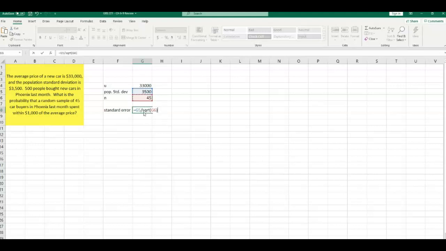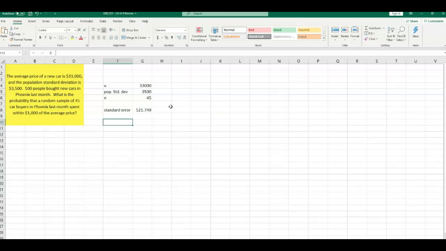So we select the cell that has our population standard deviation. We divide that by the square root of this 45, and we find our standard error to be this 521. Now we can use that to help us figure out these probabilities that we need.